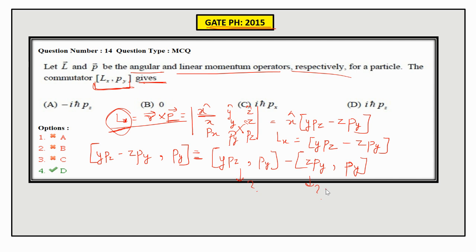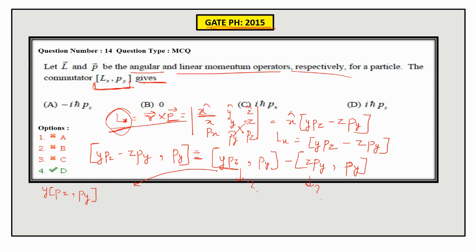It's okay, I'll do it. So here you can see this is [y pz, py]. So you can write y pz.